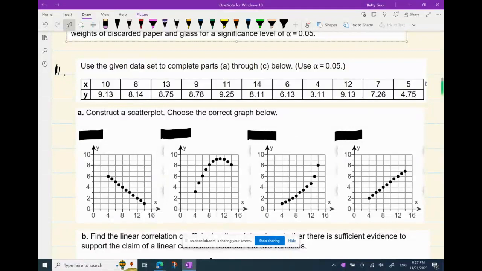I have a lot of history data, so I'm going to clear everything. I'm going to use the first list and second list. I'm going to enter the values of x in list 1.